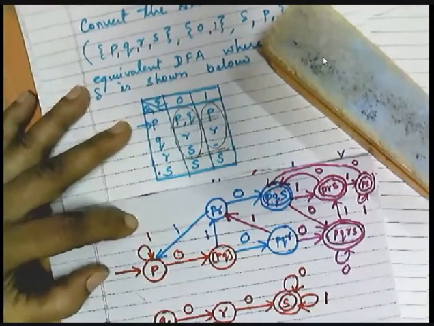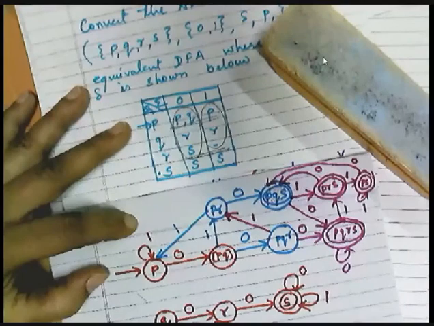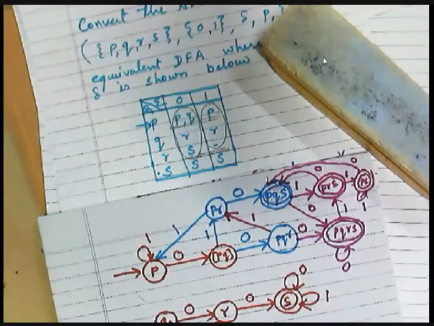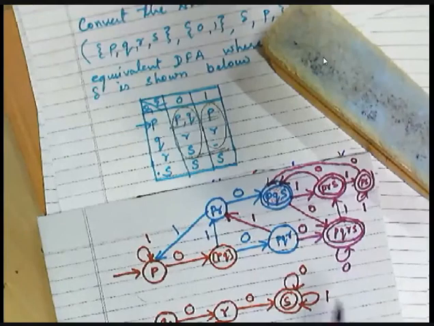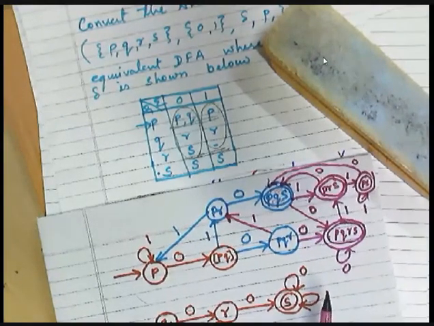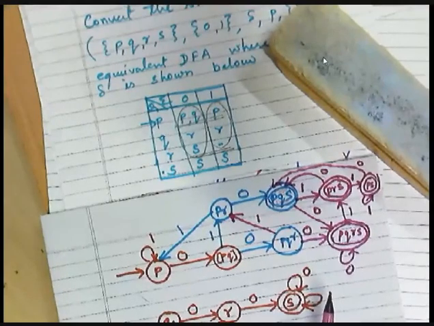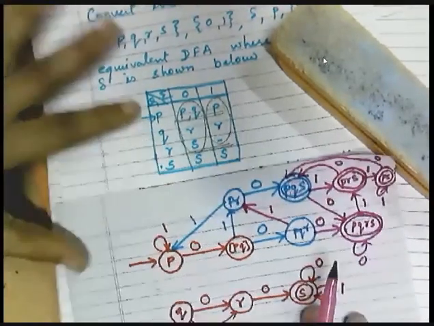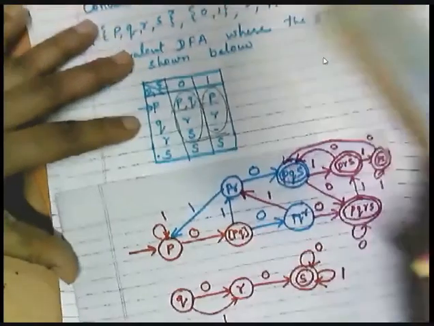Now what is the observation? If we observe again, you will see that there is no transition existing for some of the states. Finally, if I draw a table for this, it will be like this.